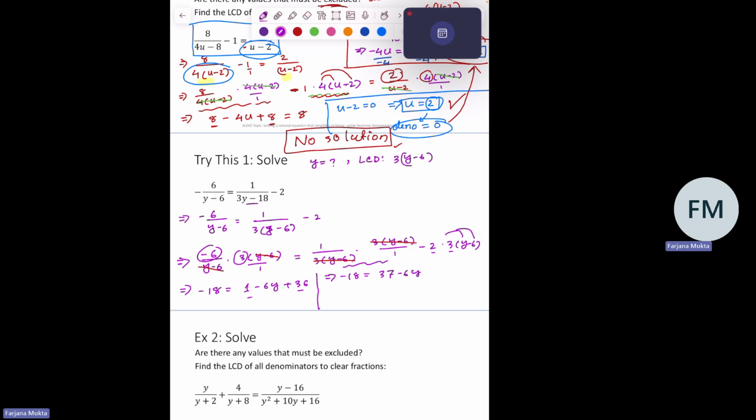Let's subtract 37 from both sides. And we are going to get, what is negative 18 minus 37? It is negative 55.